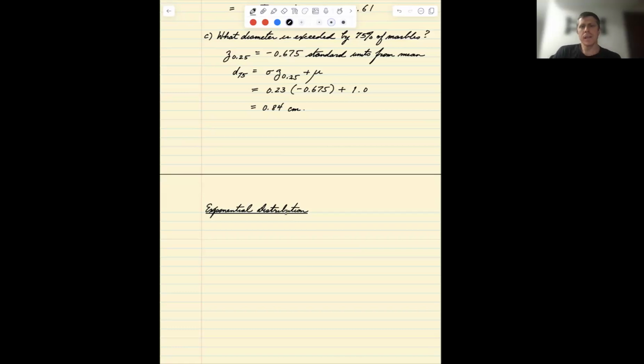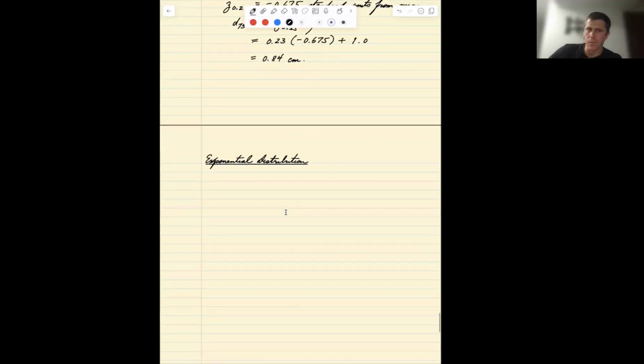All right, to introduce this, we're going to consider a one-dimensional Poisson process, which we've seen before, with intensity lambda.